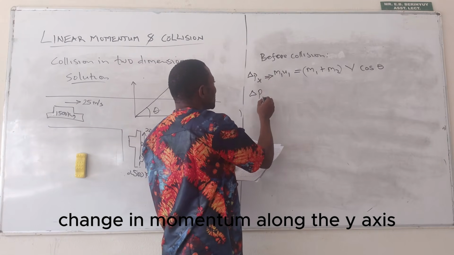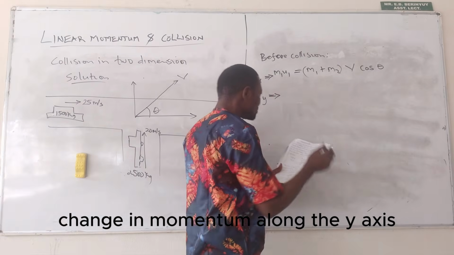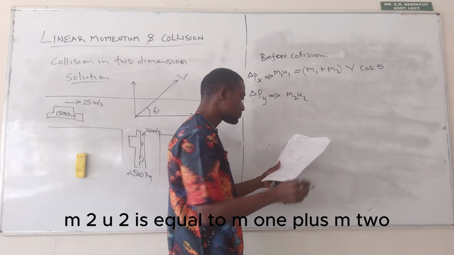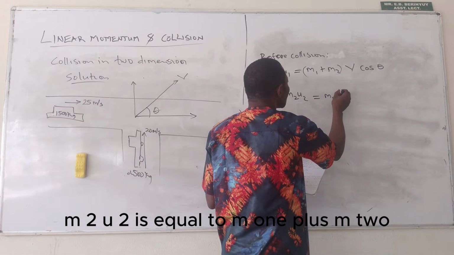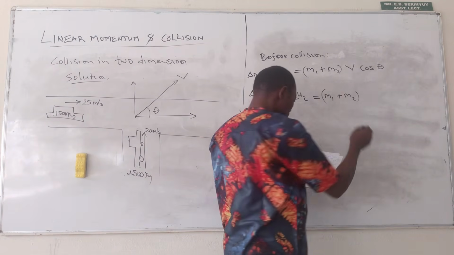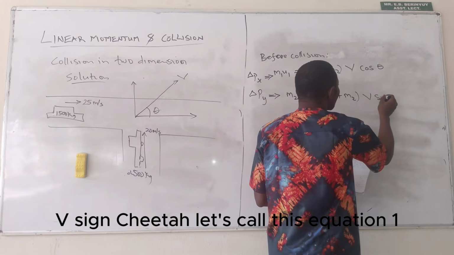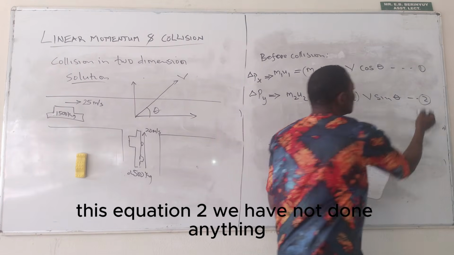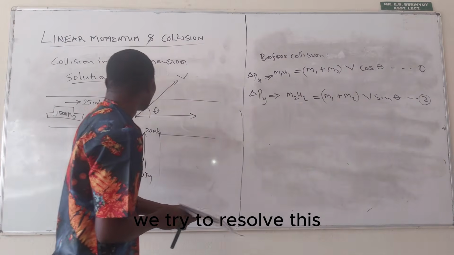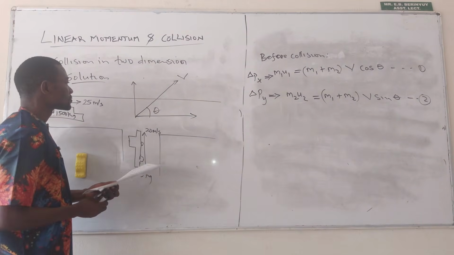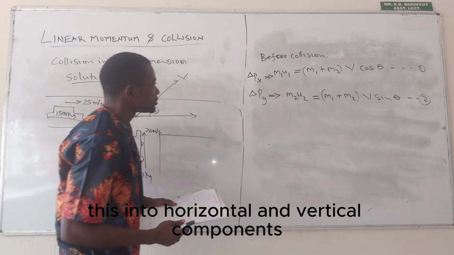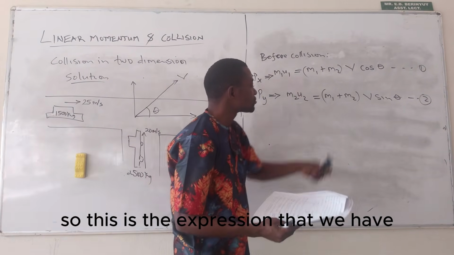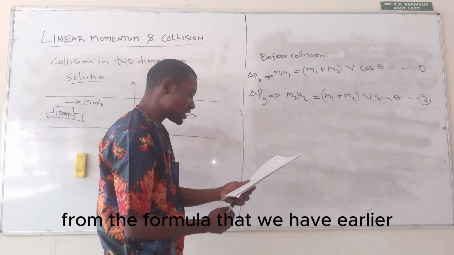Change in momentum along the y-axis: m2 u2 is equal to (m1 plus m2) v sine theta. Let's call this equation 1, this equation 2. We have not done anything yet. We try to resolve this into horizontal and vertical components. So this is the expression that we have from the formula that we have earlier.